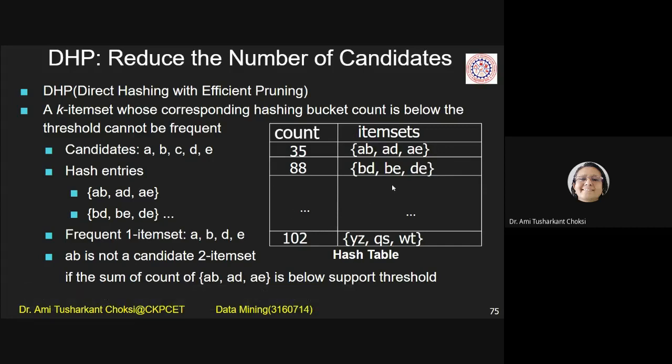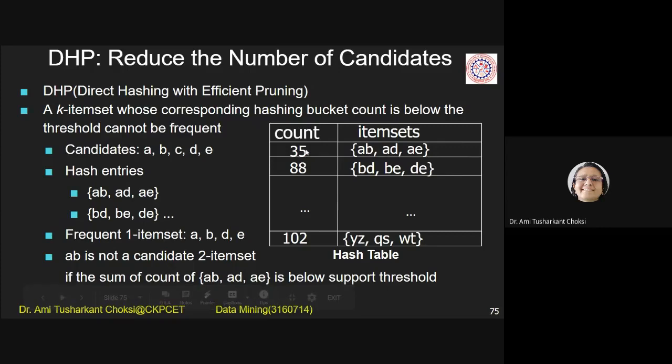Now, what is the condition for pruning? This AB, which is available here, is not a candidate two-item set if the sum of the counts of all the items available for that particular hash bucket is, say, any number.